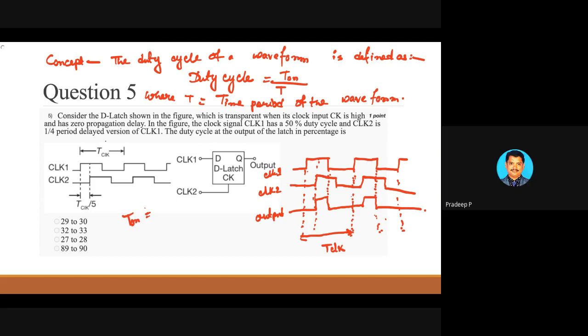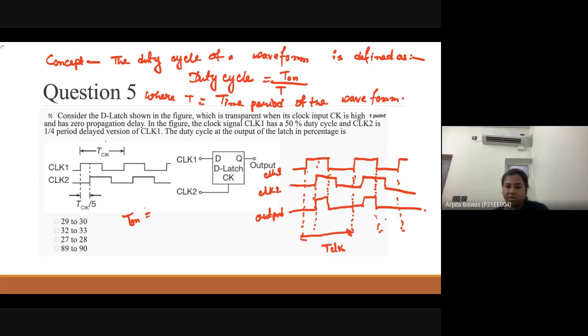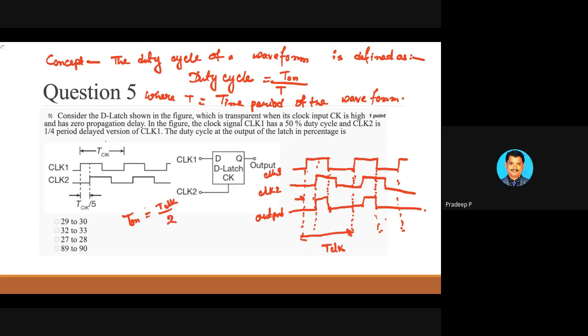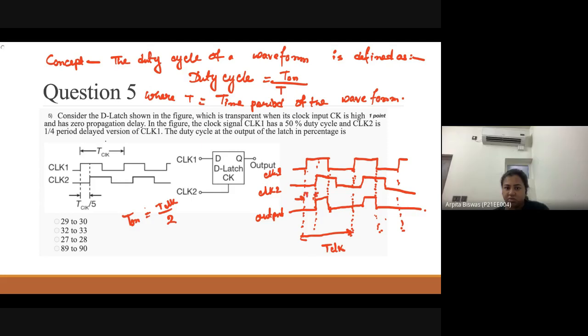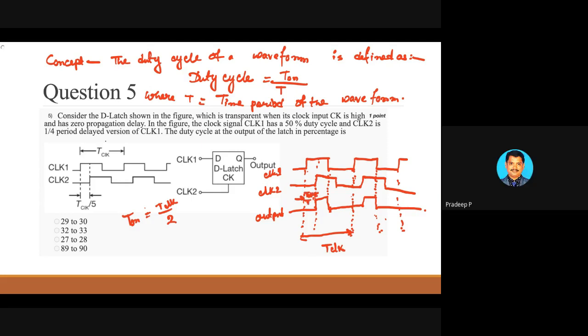T minus T clock by 5, madam. Okay. Because this is up to this now, this is T clock. Up to this is T by 2, right?